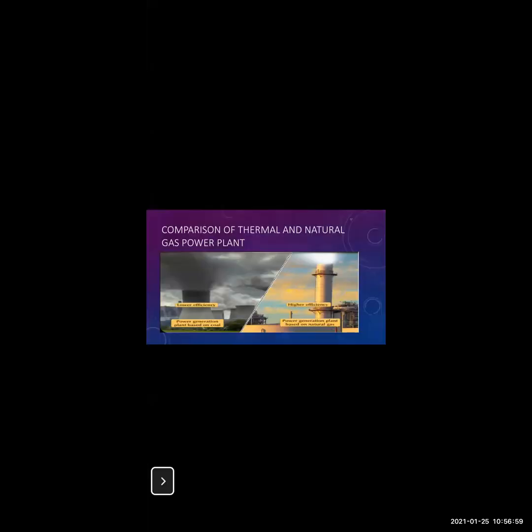There is some network issue today, so we will revise it. You can easily compare that the efficiency of a natural gas power plant is higher than that of a power generation plant based on coal.